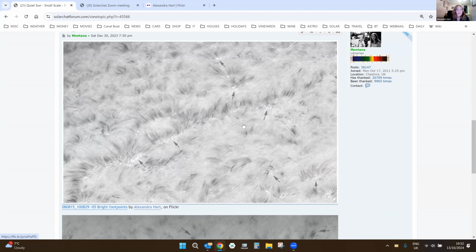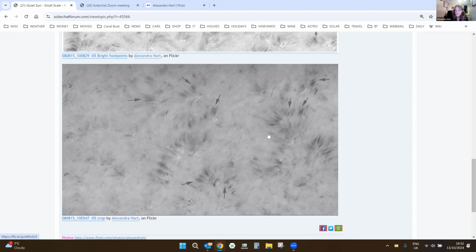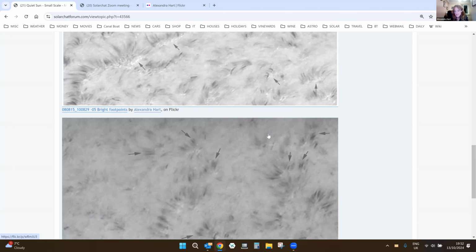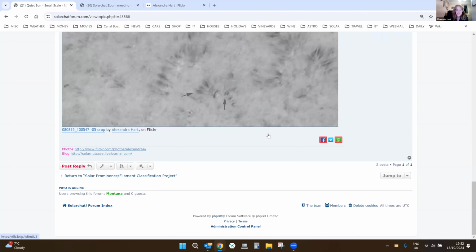In the blue wing, you tend to get these doublets, like you can see here, and you see singlets if you're in the red wing. I think that's from the Zirin book. So if anybody's got pictures of mottles, that would be lovely as well.